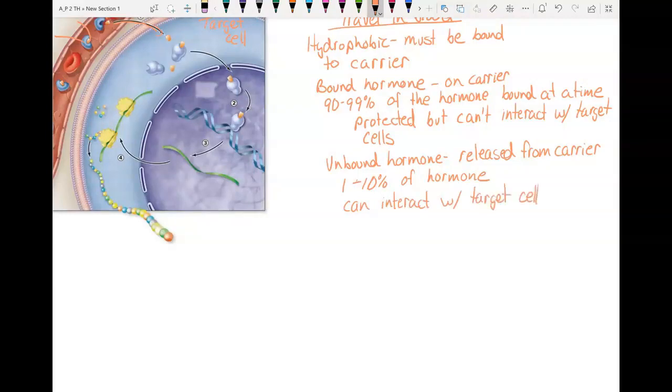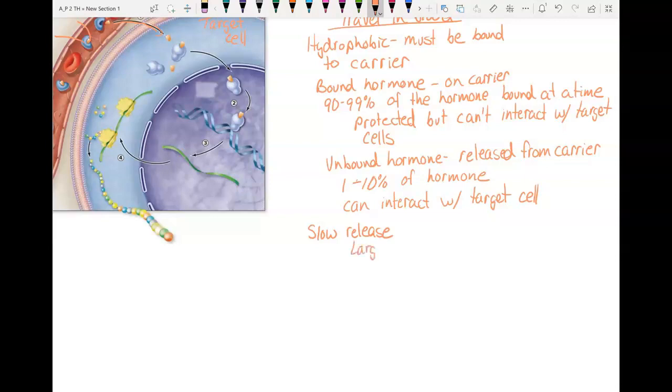So the implication of this is that lipid-soluble hormones are basically a slow release. When a gland secretes a lipid-soluble hormone, you get a large amount into the blood, but most of it is bound.